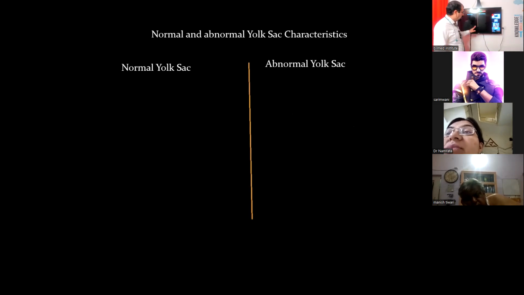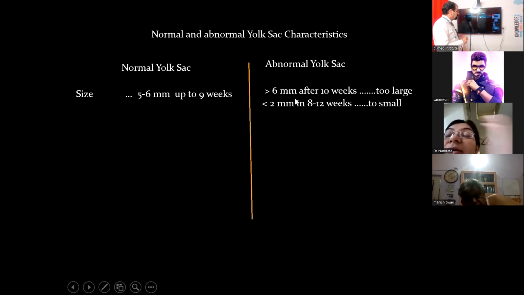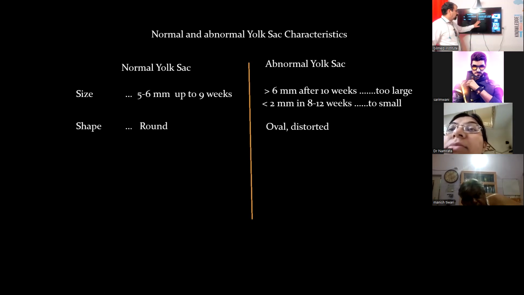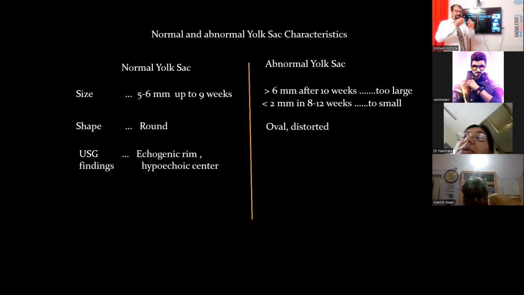Now, normal yolk sac size is 5 to 6 millimeters. Abnormal is greater than 6 or less than 2. Please keep on noting these points. Shape, as already said, is round, not oval, and no distortion should be there. If it is oval or distorted, that is abnormal. Now, echogenic rim with hypoechoic center means that the walls are hyperechoic and the center is hypoechoic.